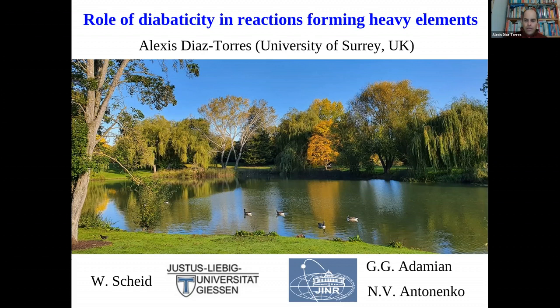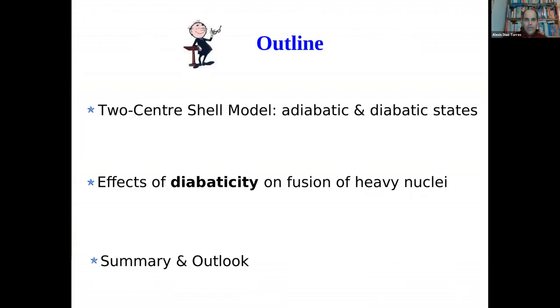So the structure of my talk has three parts. First I'm going to introduce the notion of the two-center shell model. I'm going to define adiabatic and diabatic states.